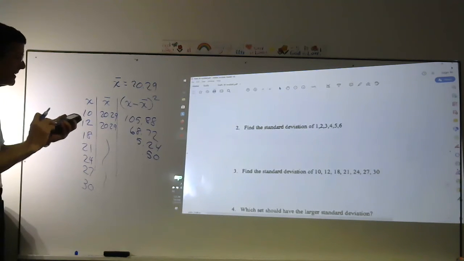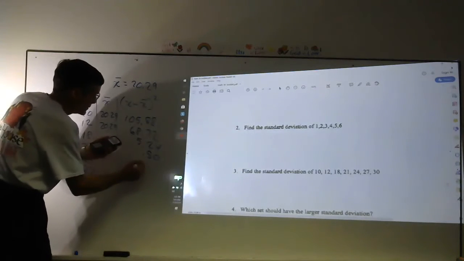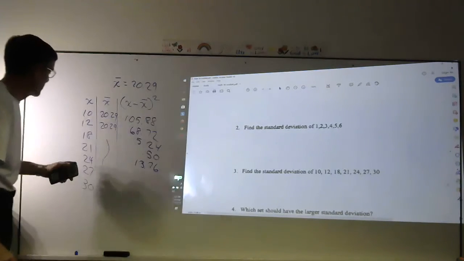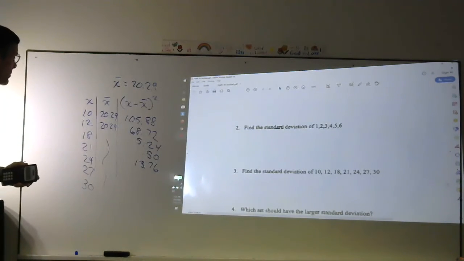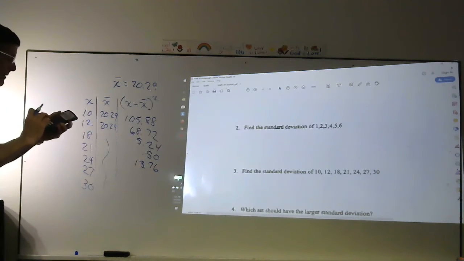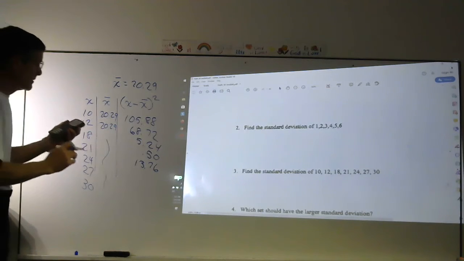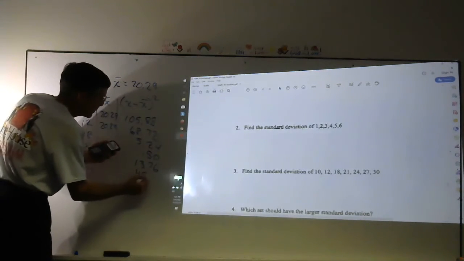Squared is 13.76. 27 minus 20.29 is 6.71. Squared is 45.02.